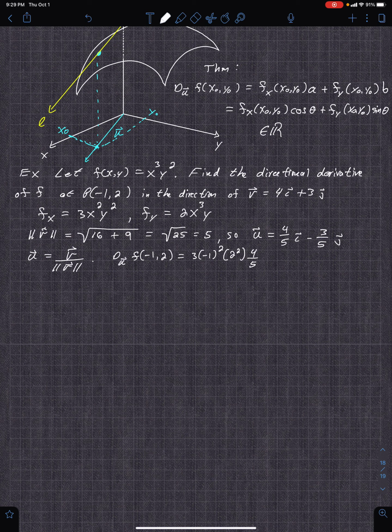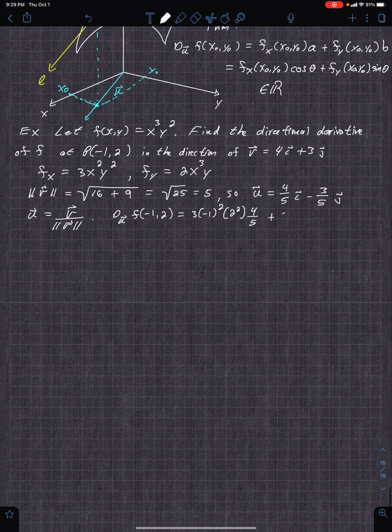All right, so then it's plus partial fy, which is 2 times negative 1 cubed, times my y, which is 2, and then times 3/5. If you calculate all that, you get 12. That's not obvious, so you have to do it yourself, but you should get 12.